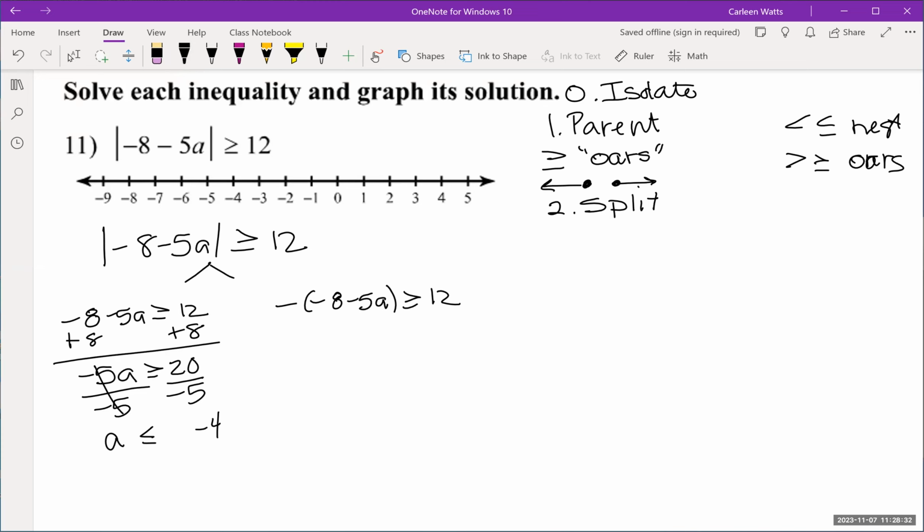So I'm going to distribute. That's really an invisible one. So distribute that negative. Okay, isolate, subtract 8, and divide by 5.